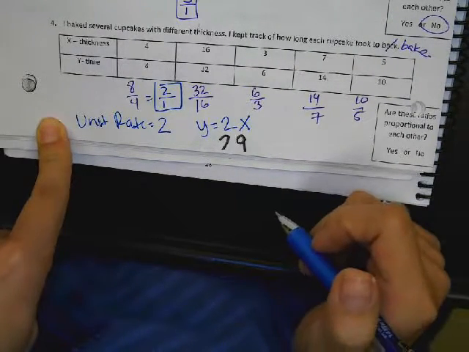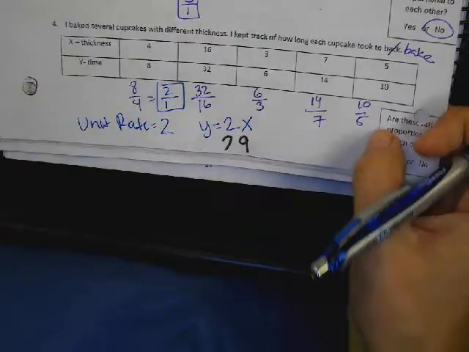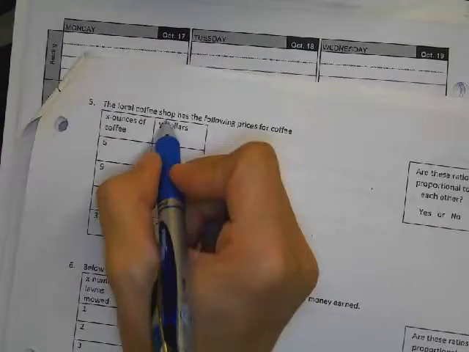Easy? Oh no! If I turn the page, the tables are now going vertical. Is it the same thing? Yeah, as long as you know which one's y and which one's x, because you have to write it y over x.